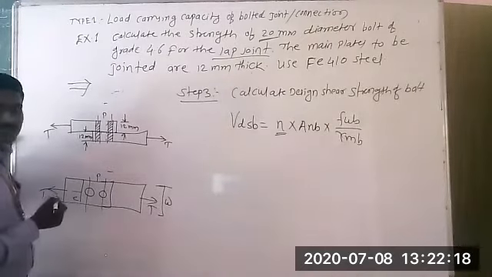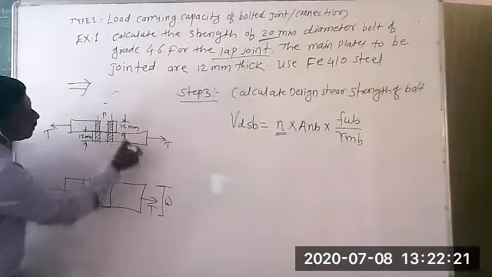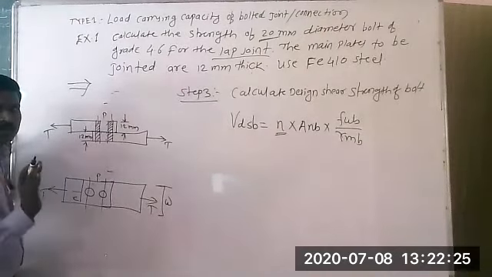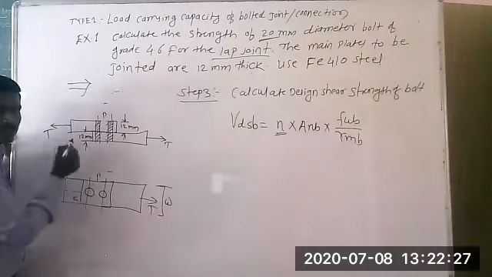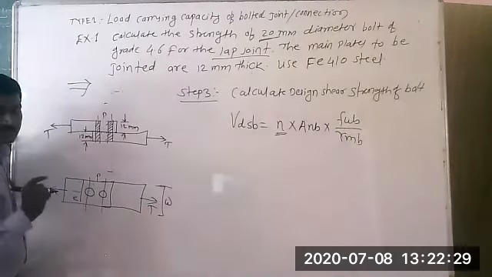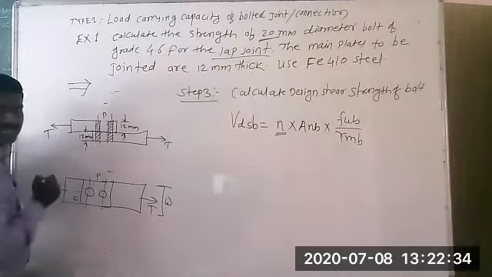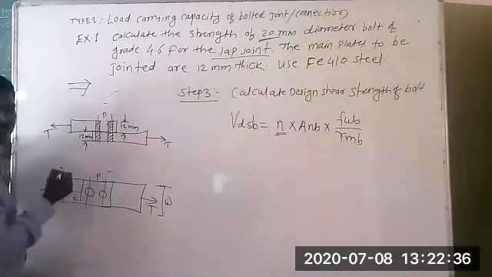How is the shear plane one? Because here two plates are connected by these two bolts. Understand first why the number of shear planes is one. Here two plates are connected, which means a lap joint is given.